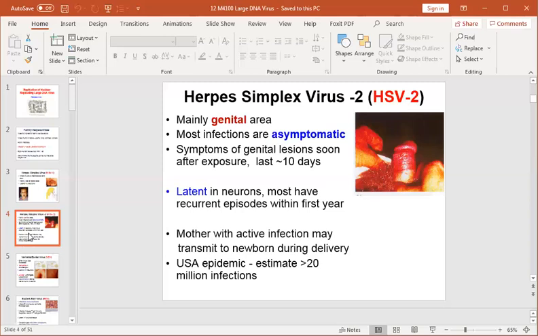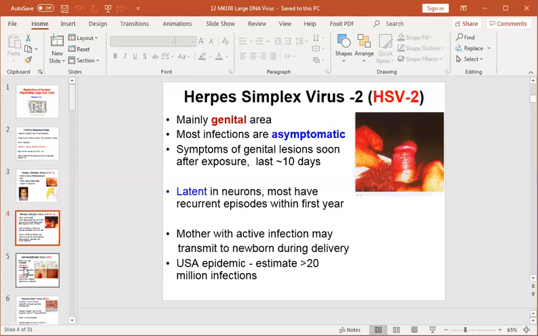Mothers who have an active HSV infection may transmit the virus and the disease to newborns during delivery. HSV infection is considered an epidemic in the United States. It's estimated that over 20 million infections per year happen.